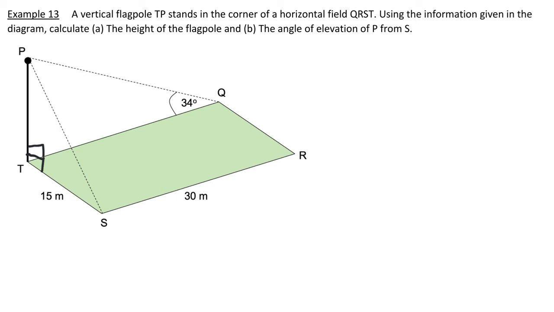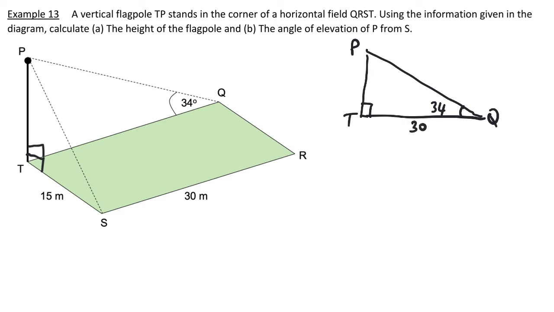So if we look at the triangle, P at the top, T at the bottom, and Q, we know that PT is perpendicular to TQ. We know the angle at Q is 34 degrees, and we know the base length TQ is 30 metres. And we're trying to find the height.